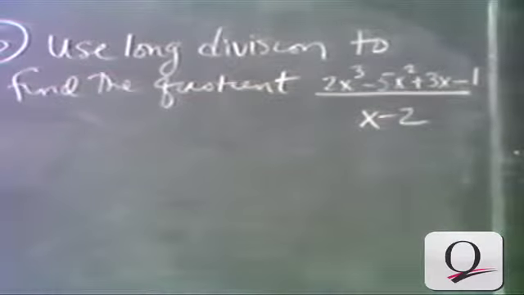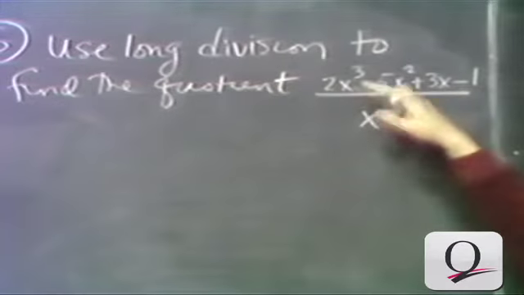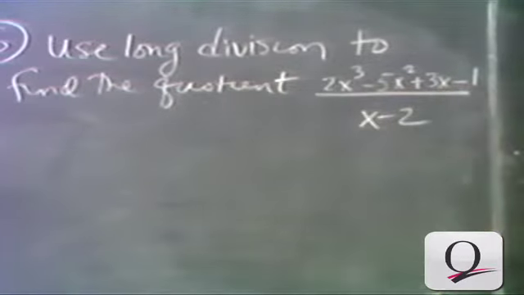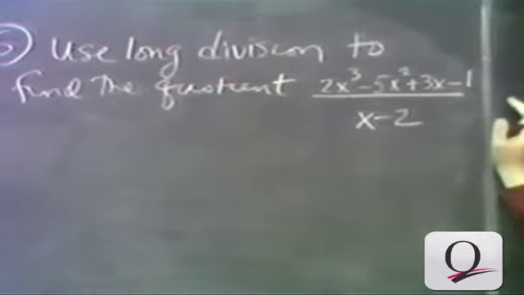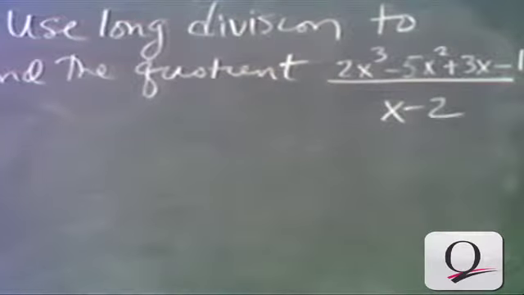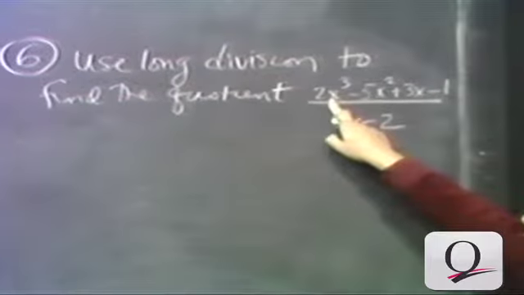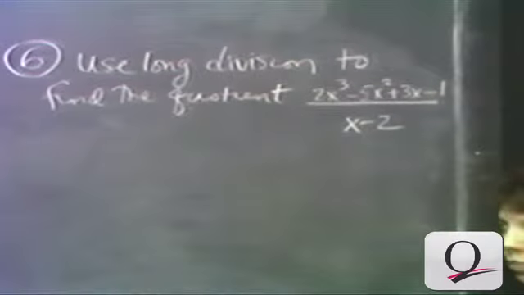Now, when using long division, the first thing to make sure is that the polynomial that we're going to be dividing into, this polynomial here, should be arranged according to the degree of the terms. The terms should be ordered. It should be arranged in descending order of degree. Okay, third degree term, second degree, first degree, 0 degree term.